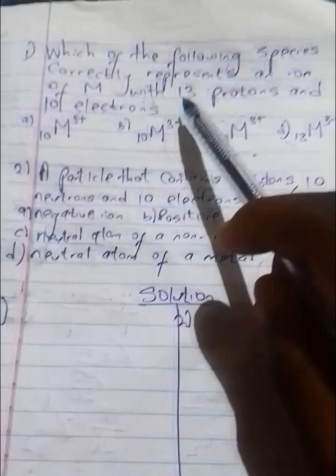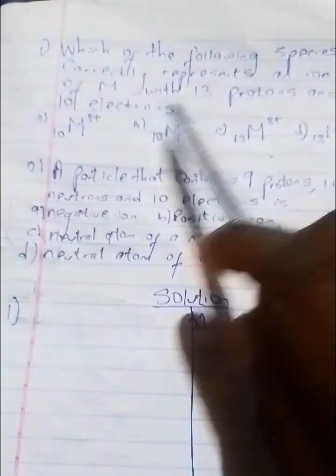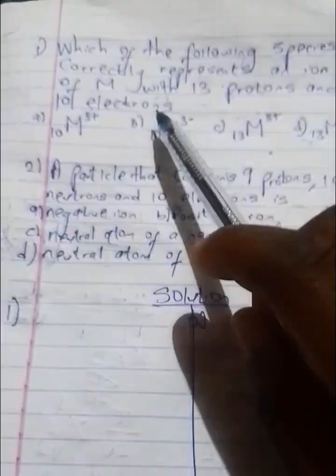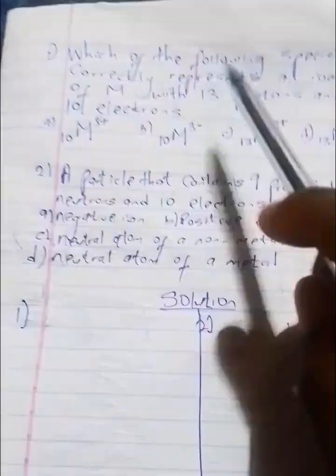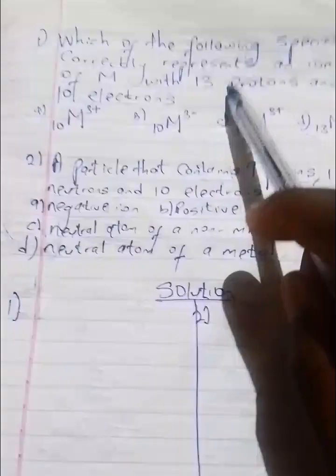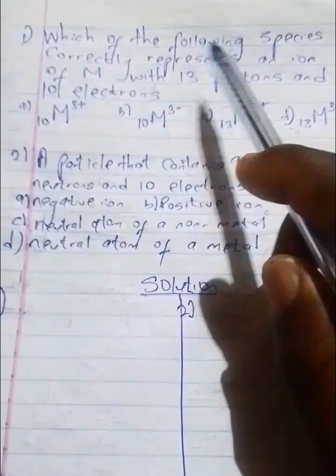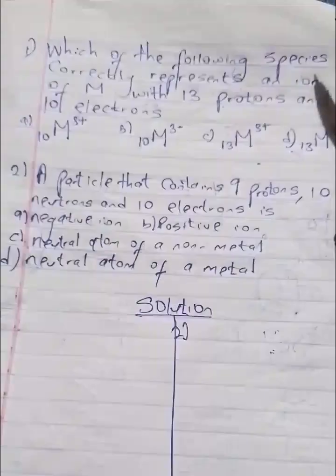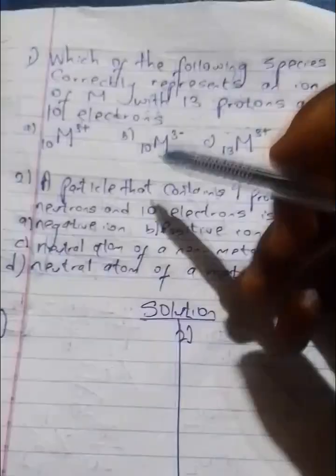Now in the question you can see we have 13 protons and 10 electrons. So the element is positively charged, because protons in this question are more than the electrons. So any option with a minus, just cancel it out.